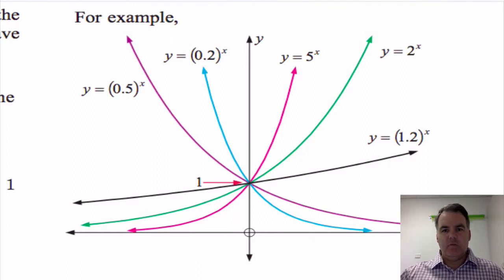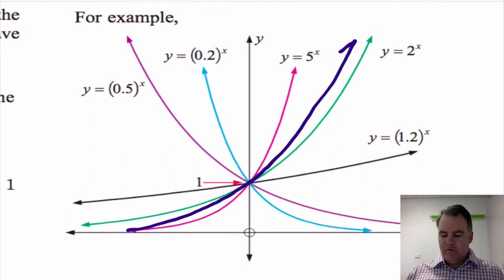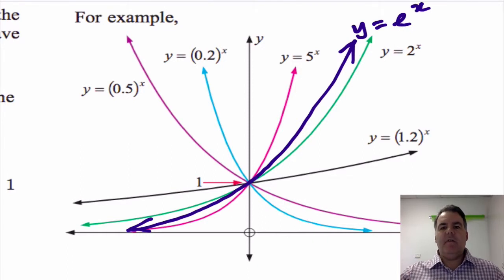We've done some previous work that's talked about a particular exponential function that we're really interested in, that is 2.71 etc. to the power of x, and we call that y equals e to the power of x, and we know that that's a really important number in this context because the derivative is itself.